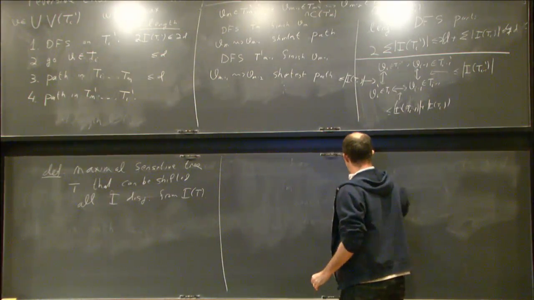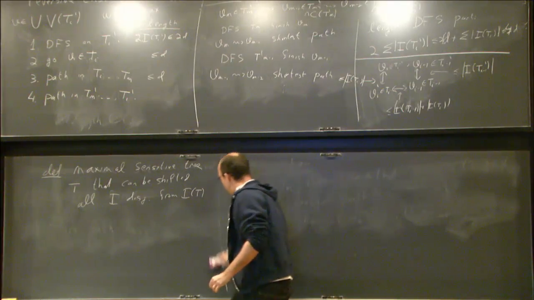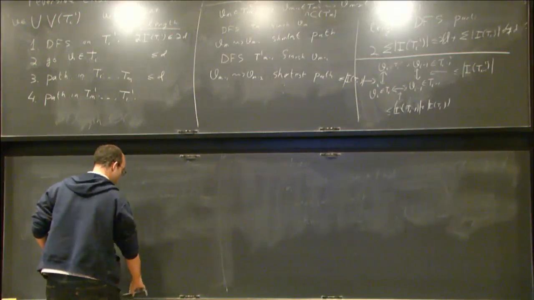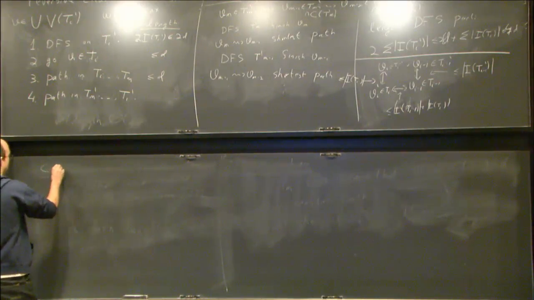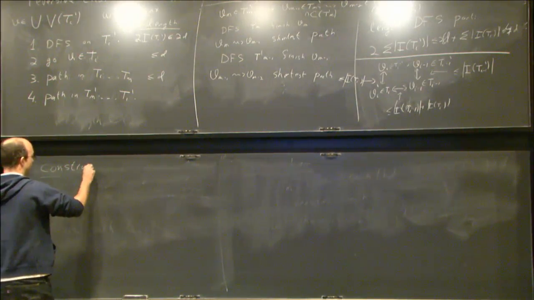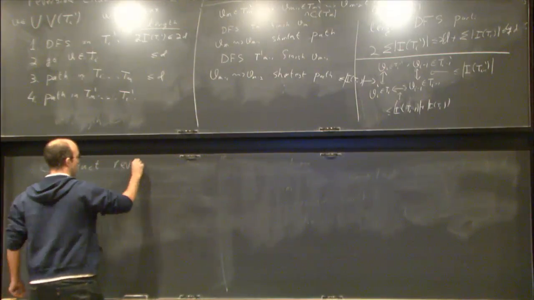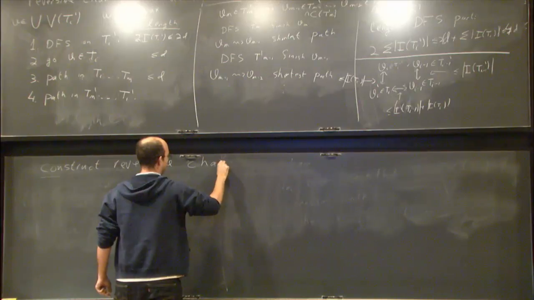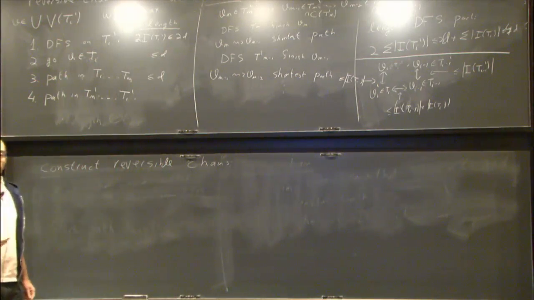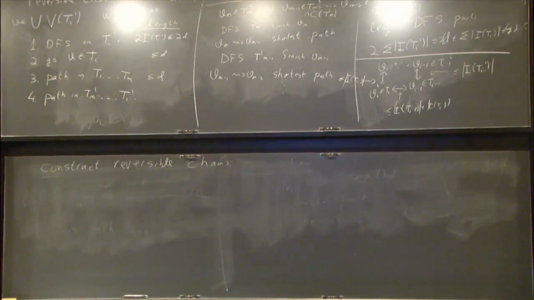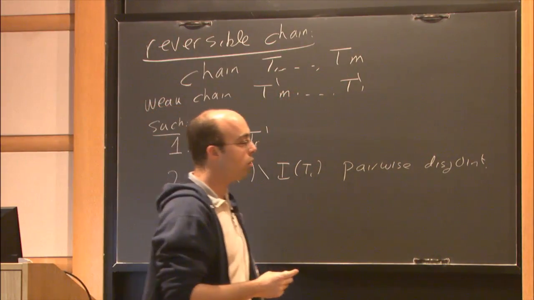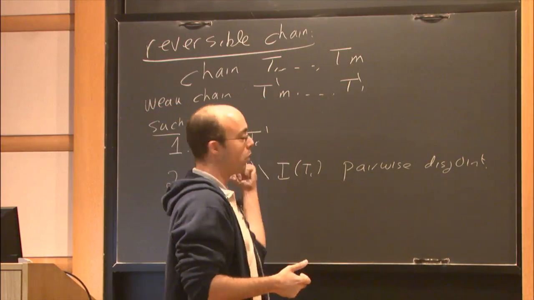So now I want to show you how to construct these reversible tree chains. The starting point will be that we know we have this forward chain from GSTW. So we're going to use this to create a backward chain.